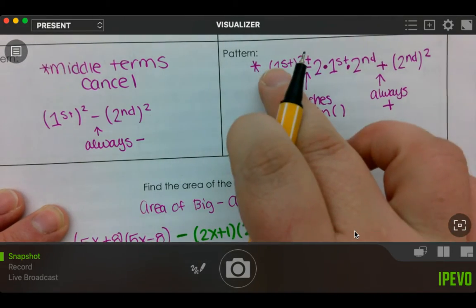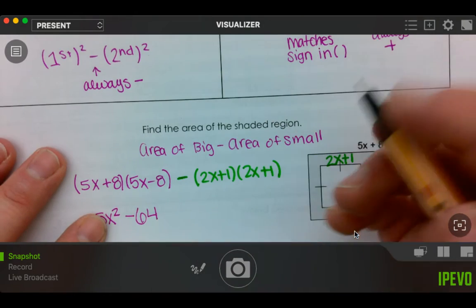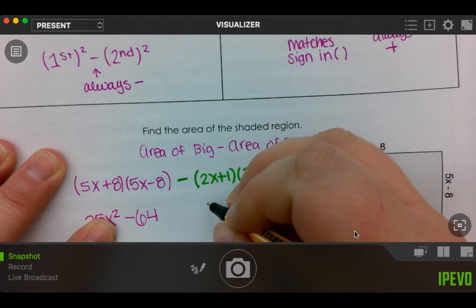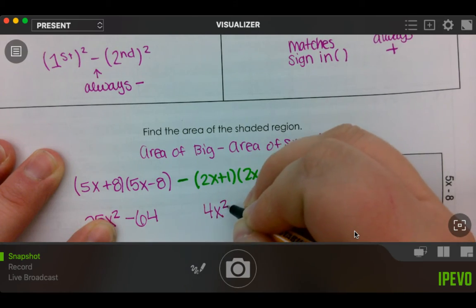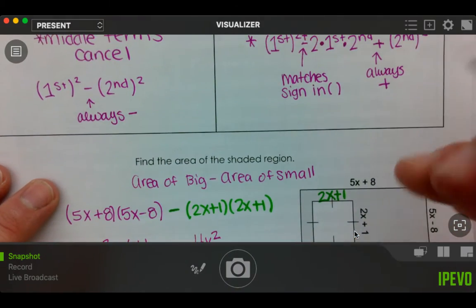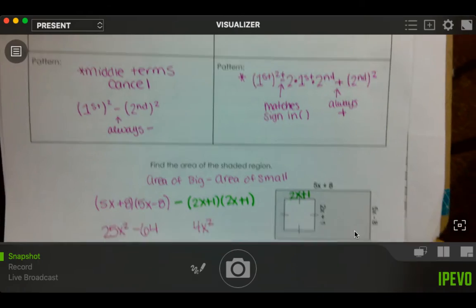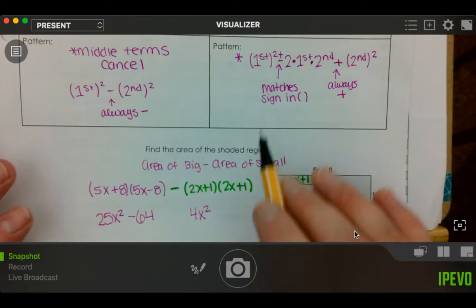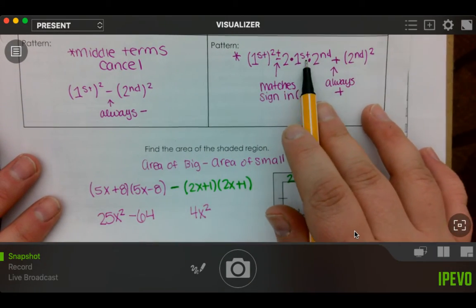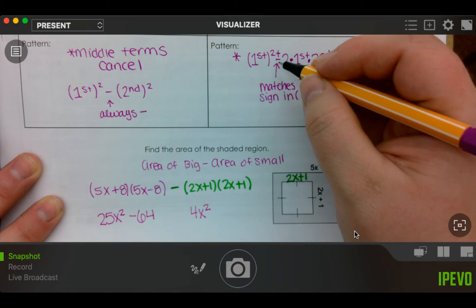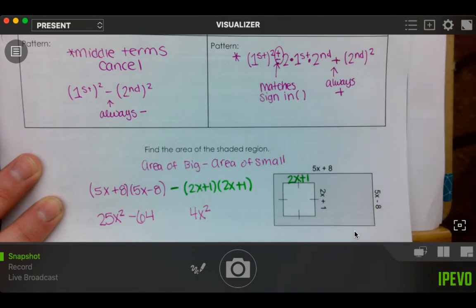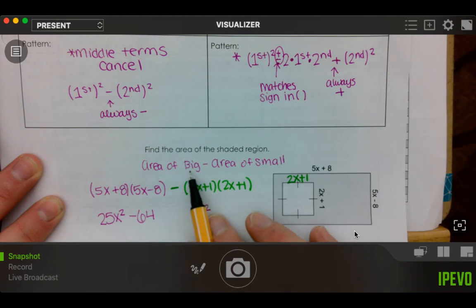So it's going to be the first thing squared. So 2x squared is 2 squared is 4, x squared is x squared. And then in the middle, and let me just zoom out so I don't have to keep moving it, you're going to do 2 times the first thing. And the sign right here is either a plus or a minus. It matches whatever's in the parentheses.